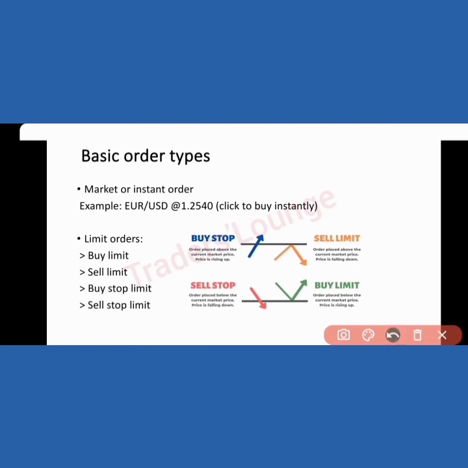And the opposite of it is the sell stop. Sell stop is the opposite of buy stop. As you can see from this black line here, let's assume that the black line drawn here is the order that you placed. When you place this order, it means the market is already heading downward, right? It looks bearish.